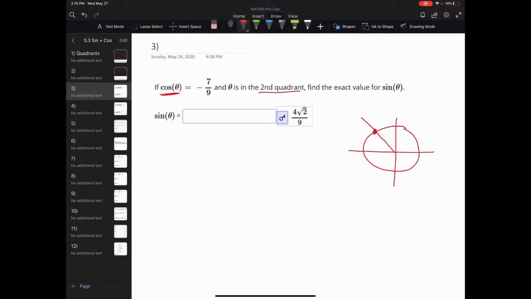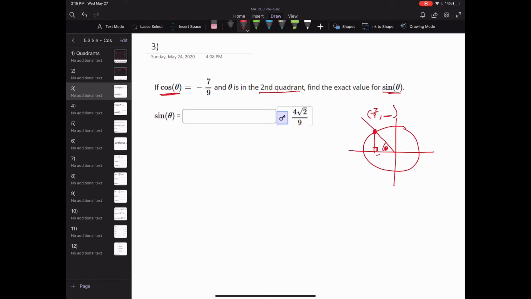They're saying if the x-coordinate of that point is -7/9, this is theta, this is my right triangle. They want to know what sine of theta is. Sine of theta just turns out to be this number here, your y value. So let's kind of do that.